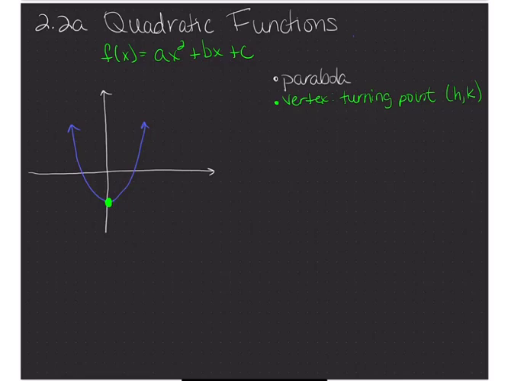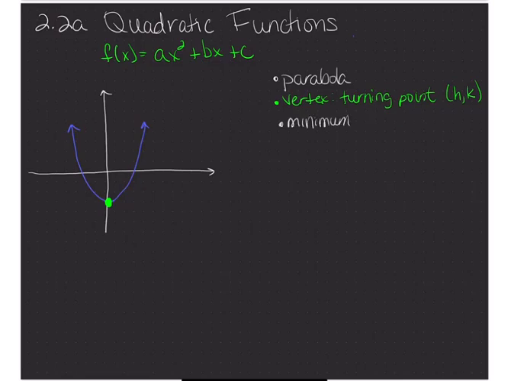Well, these arrows are telling me that the graph goes on forever, so my y values are going to continue to increase. But there is a minimum value, because at that turning point I'm going down until I get to it, and then I start coming up. So this would be an example of having a minimum.